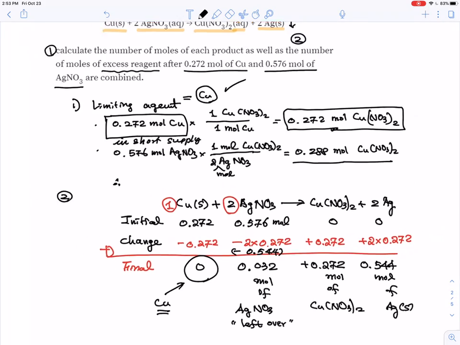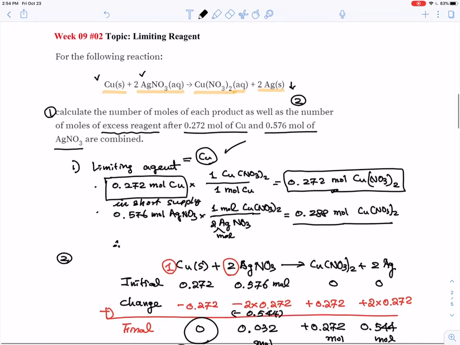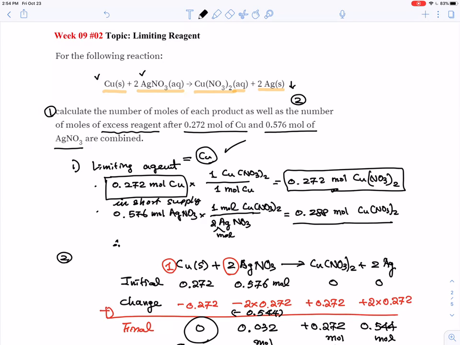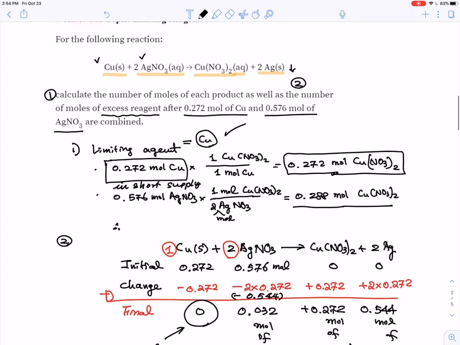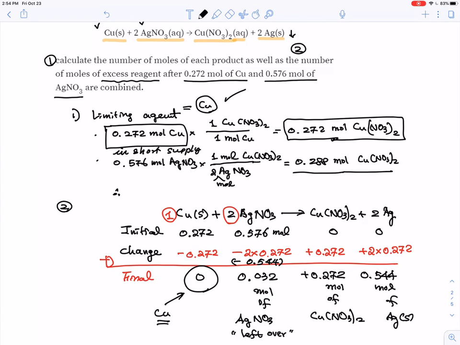So that will be the answer for question number 2. It's a question about figuring out which one is the limiting agent, constructing the equations, and figuring out the final moles of products and the remaining excess agent, how much is left over.